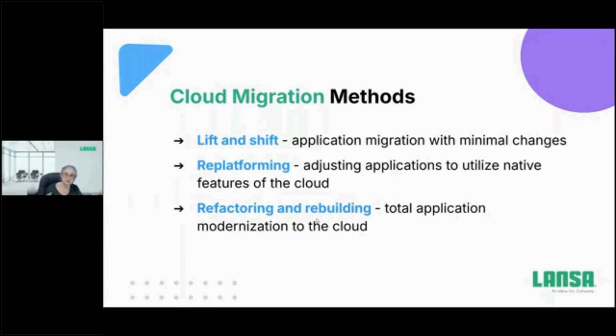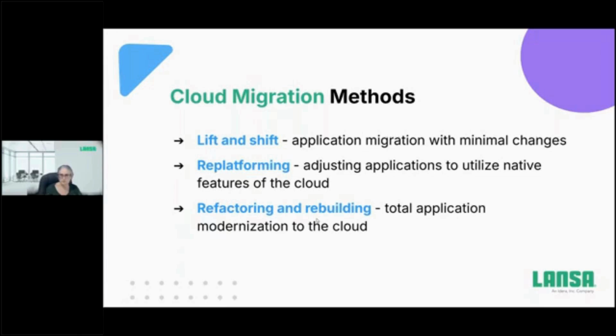You're getting some of the benefits, some of the security, the sizing, some of those types of benefits, but there's more to go. It's the first stepping stone. Replatforming, that's saying we've moved some of the items to the cloud, but now we're going to start using cloud specific items.